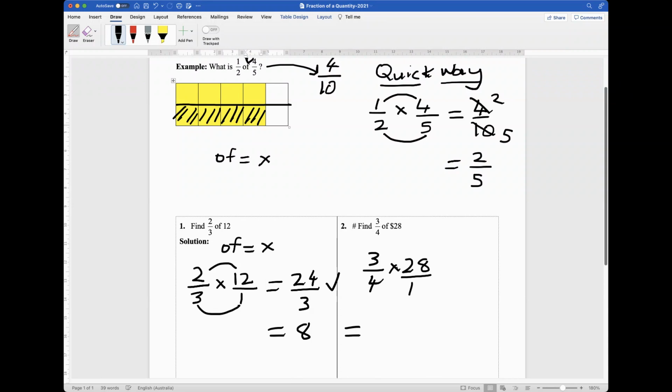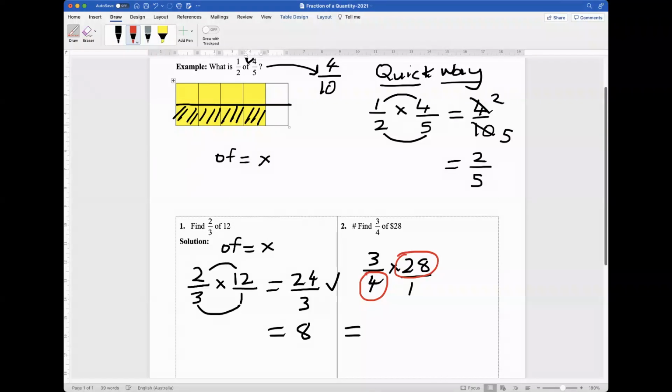Now we've got 3/4 times 28 over 1. So we're going to go 3 times 28 and then 4 times 1. However, it's going to be quicker if we simplify the fraction before we multiply. This is a numerator and this is a denominator, so we can simplify the 4 with the 28.